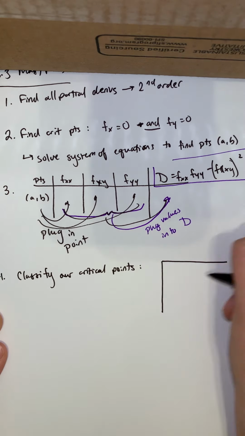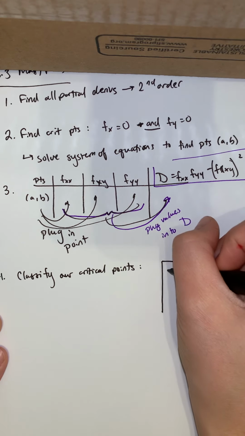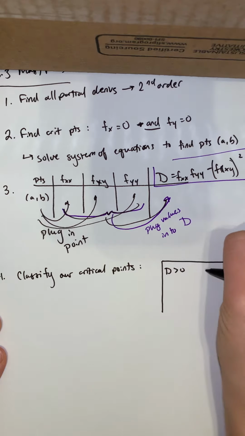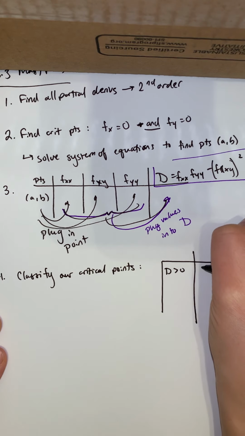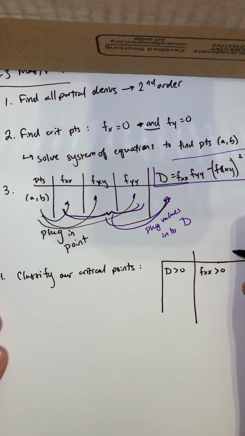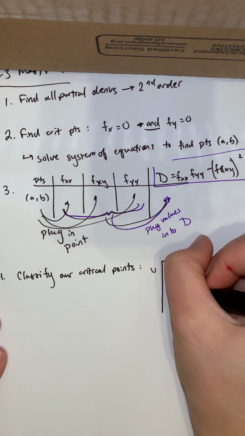So if I have D greater than 0 and fxx greater than 0, these are the same, which makes me happy, so I have a min.